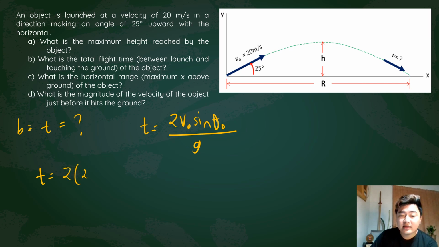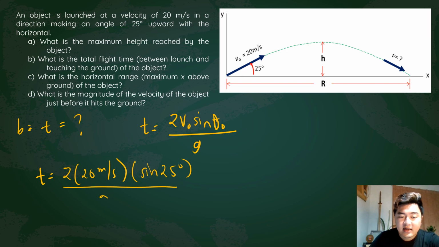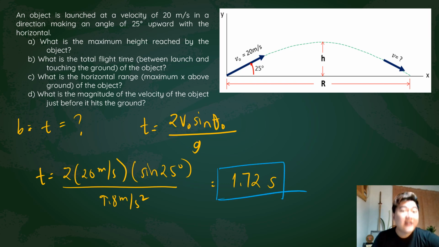That's 2 times 20 times sine 25 divided by 9.8. So that will give you the total time of flight, which is 1.72 seconds.